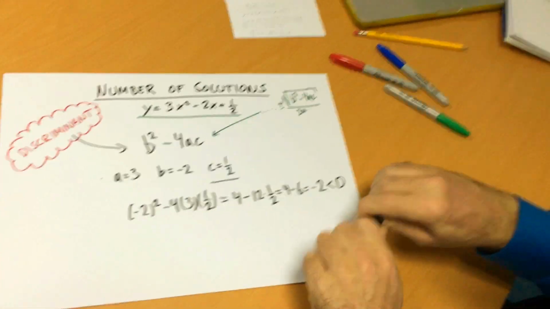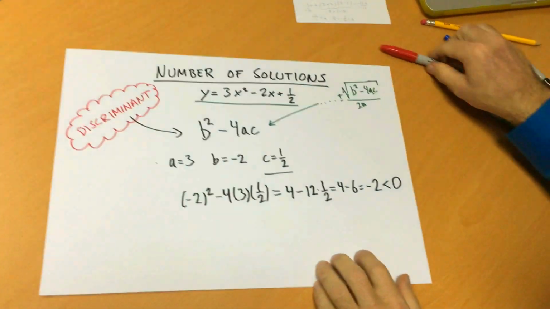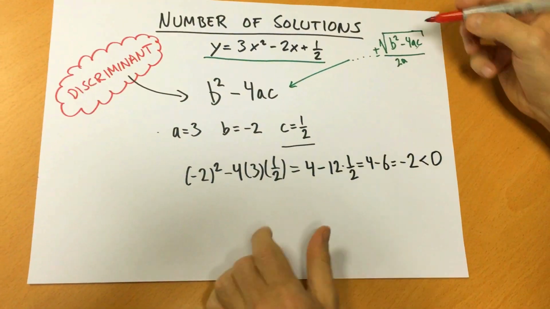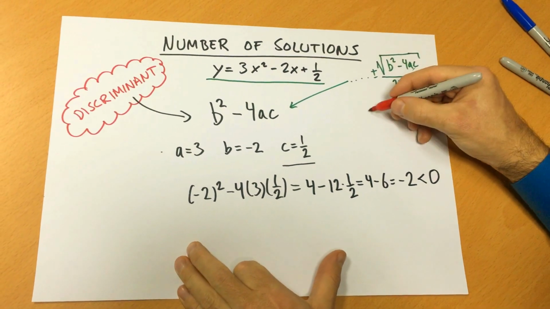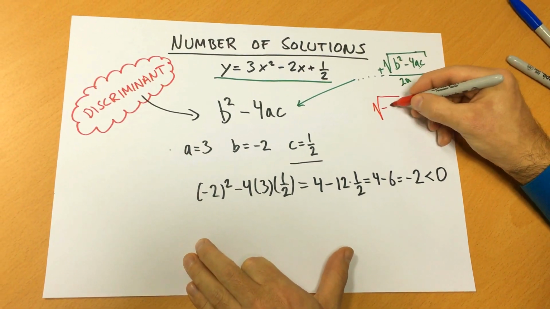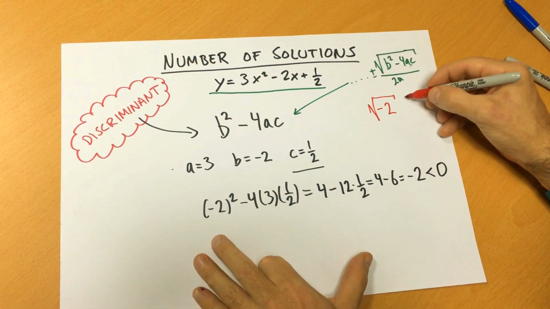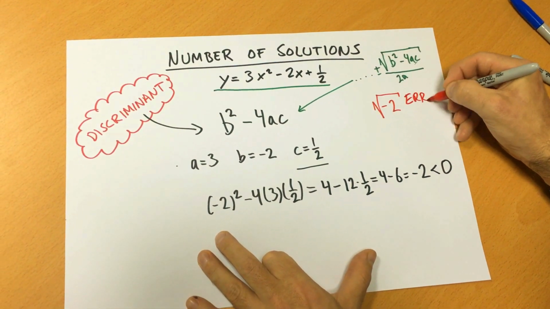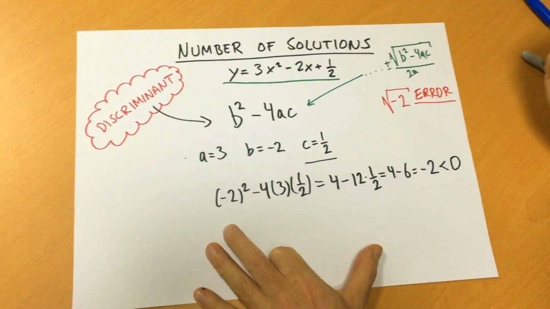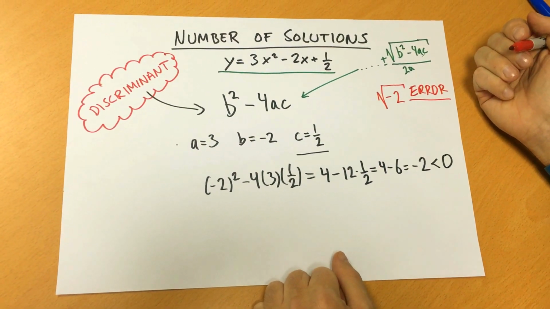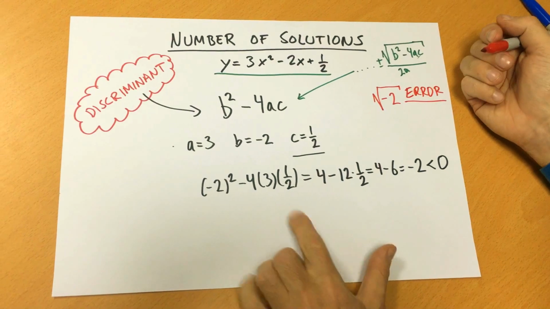So in this quadratic formula here, if I would try to find the x-intercepts, I would get something that looks like this, square root of negative 2, because this was a negative 2. But this gives me an error. If you put this into a calculator, it will simply not function. You won't get any sensible answer out of it.